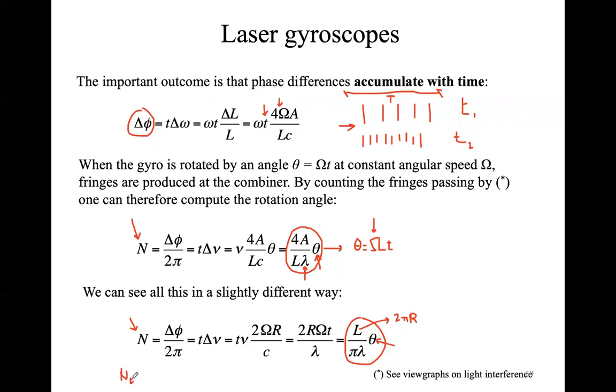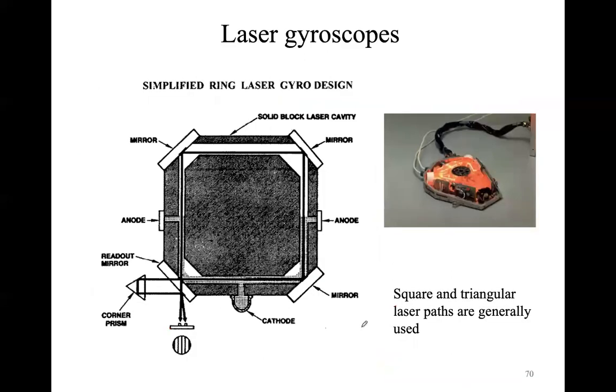N tolerance means that you have a minimum number of fringes that you're able to measure from your detector. It means that if you want to measure tiny variations of the orientation of the spacecraft theta, you have to increase the size of your gyroscopes. That's the main problem of ring laser gyroscopes.